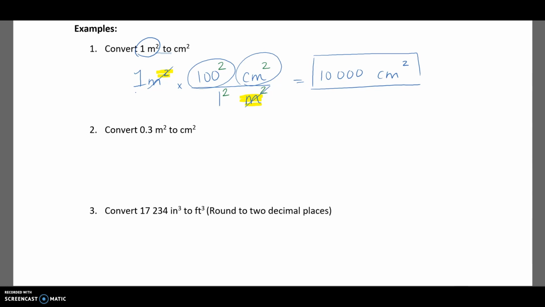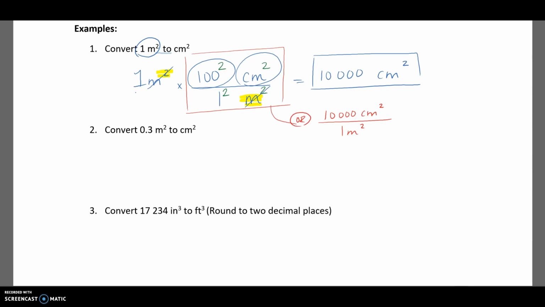You may have also chosen to write this unit conversion by expanding out or simplifying the squaring. 100 squared is equal to 10,000. So 10,000 centimeters squared in 1 meter squared. And you could have put it into your calculator that way as well.